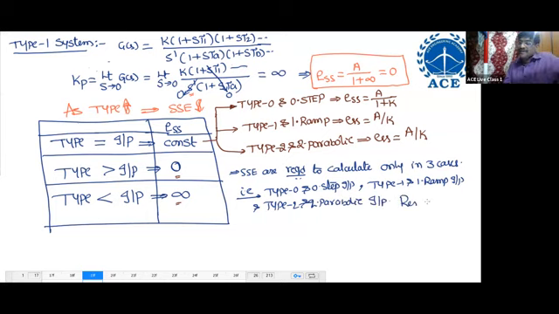In the remaining cases, the steady state error may be 0 or infinity.